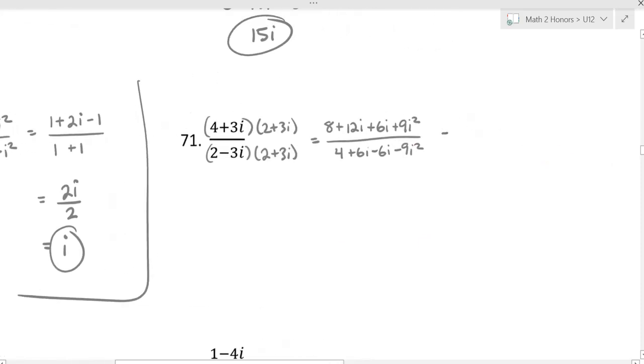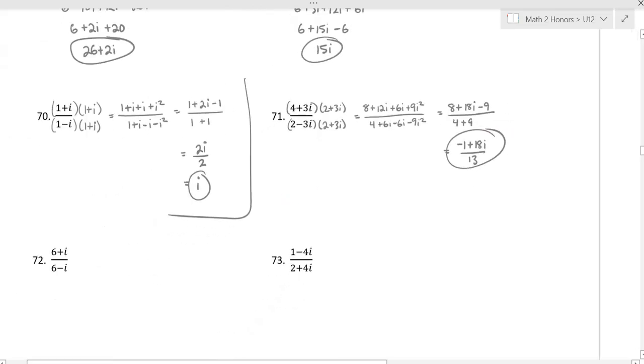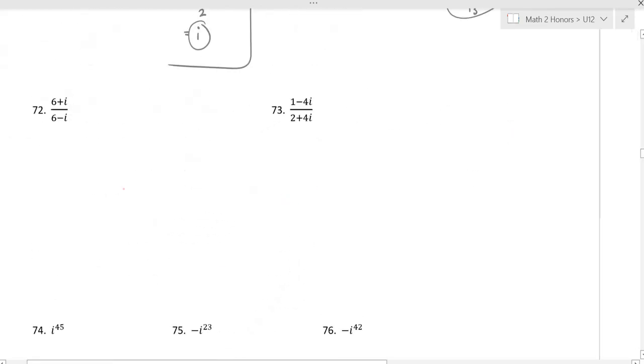Simplifying this, we got 8 plus 18i minus 9 over 4 plus 9, which is negative 1 plus 18i over 13. 72.